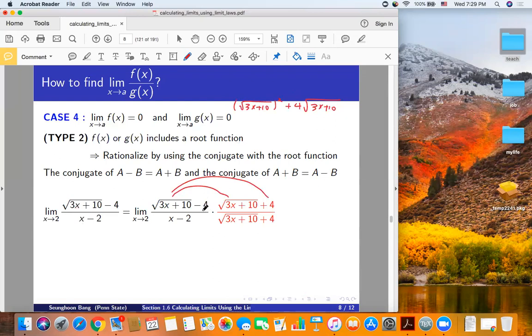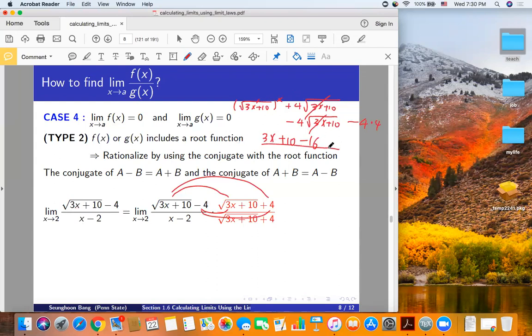Next, inner, minus 4 times this one is negative 4 square root of 3x plus 10. Last, negative 4 times positive 4 is negative 4 times 4. The middle terms cancel, and the square root is gone. Only 3x plus 10 minus 16.